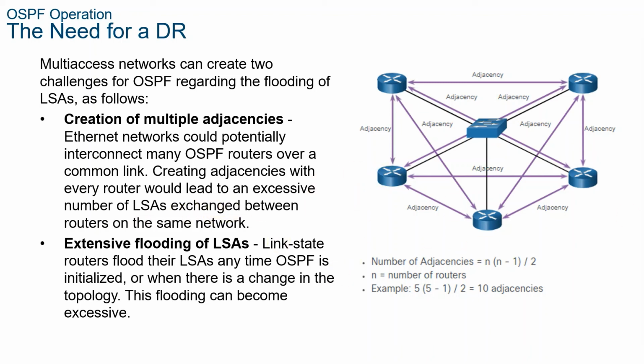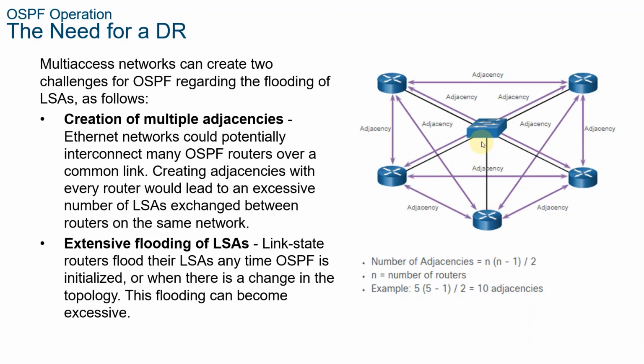Now, to understand the problem with multiple adjacencies, we must study the formula. For any number of routers designated as n on a multi-access network, there are n times (n minus 1) divided by 2 adjacencies. For example, the figure shows a simple topology of 5 routers, all of which are attached to the same multi-access Ethernet network or switch.